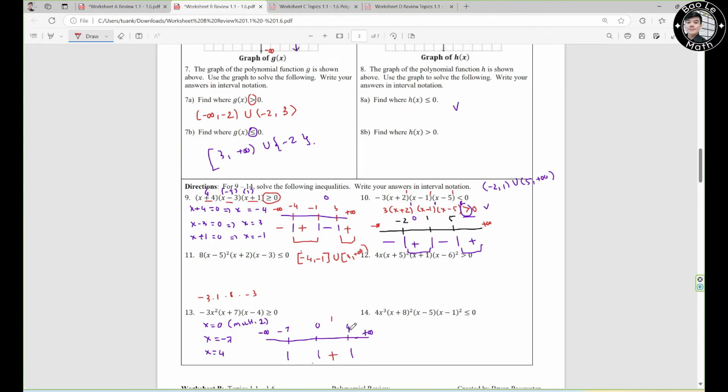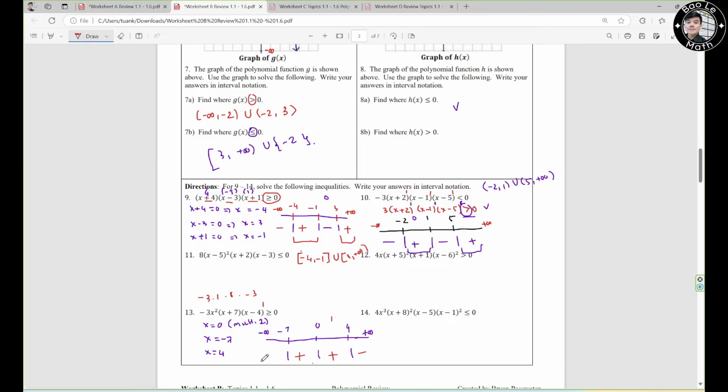Now 4, you look at 4 right here. This is multiplicity of 1, right? So I keep changing the sign. Now 0 right here, multiplicity of 2, and then the sign doesn't change. This guy positive, this guy must be positive, right? Keep that in mind. When the graph passes the 0 with even multiplicity, right, the sign does not change.